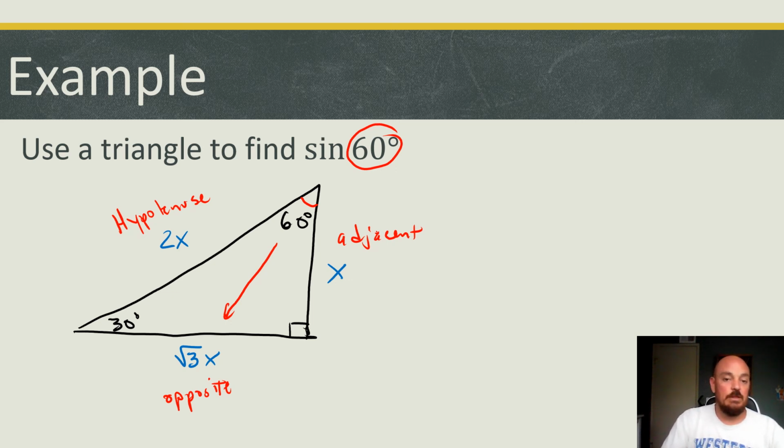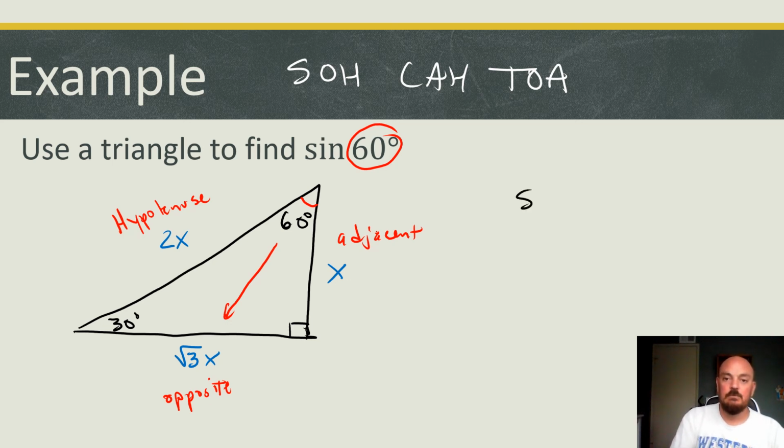So let's go. Now that we got our picture set up, let's go back to SOHCAHTOA again. It always comes back to SOHCAHTOA. So I asked you to find sine of 60. And from SOHCAHTOA, sine is opposite over hypotenuse. So I'm going to make my fraction. I look at my picture.